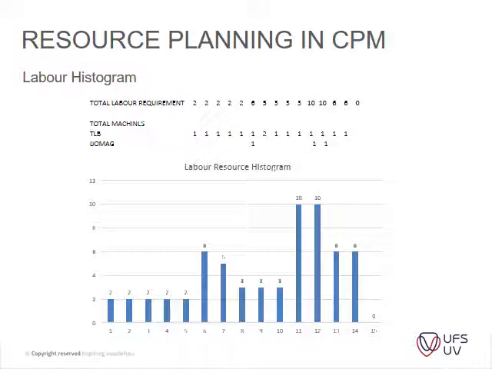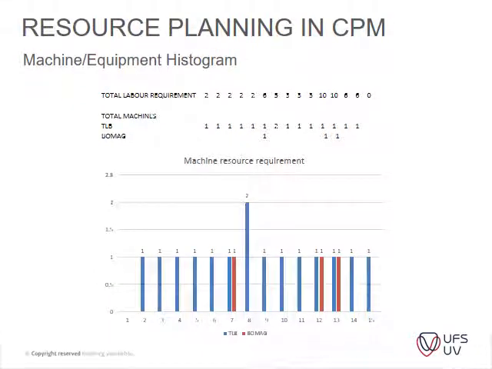You can see the labor histogram is drawn out, same as the previous one, and then you can see your machinery drawn out here. You need 1 BOMAG and 1 TLB.